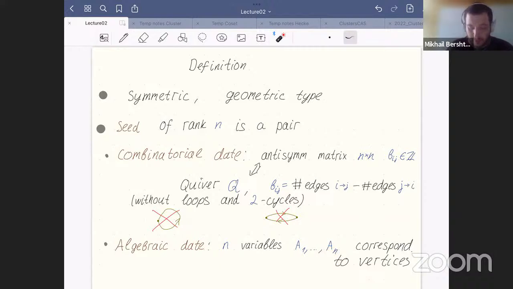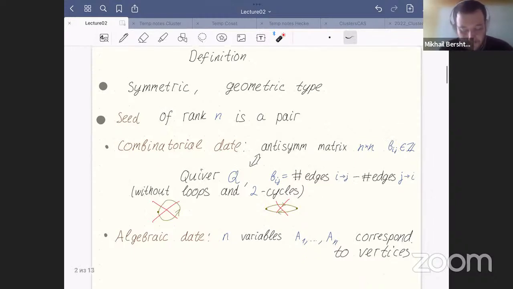So this is the geometric data, the quiver. The algebraic data is n variables, which I decided to denote by capital A, A_1 to A_n, and for each vertex we assign a variable. To be more accurate, one should say that these are not just variables, they belong to a certain ring. I ignore this. I'm not very accurate.